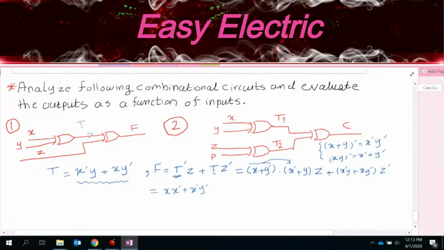I just distribute this inside these parentheses, okay? Then you have a plus, whatever you have here. Then distribute this second one inside this, which gives you again x prime.